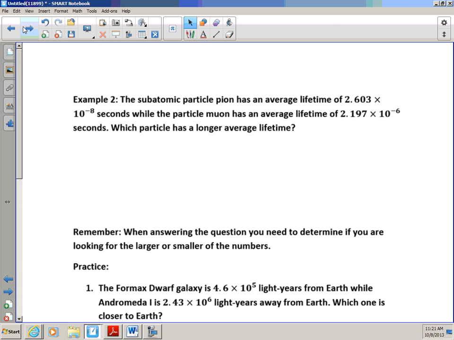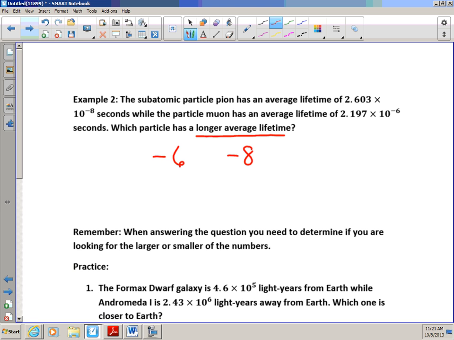Example 2. The subatomic particle pion has an average life of so many seconds, while the particle muon has an average life of so many seconds. Which one has a longer life? If I'm talking about longer, I'm talking about larger. They have different exponents. One has the exponent of -6, the other has the exponent of -8.